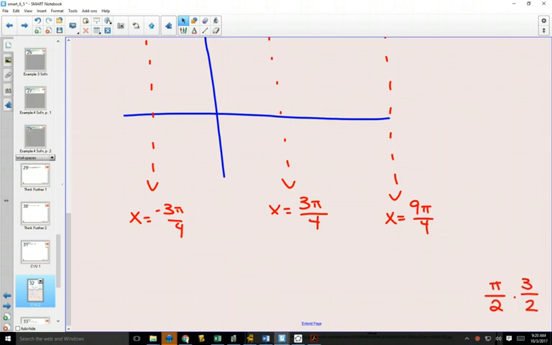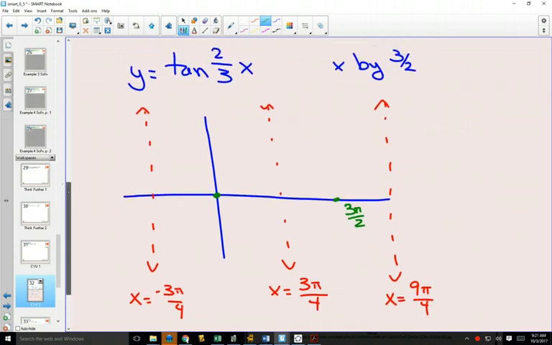Once you have your asymptotes, the next key points on your tan graph were 0. If you multiply 0 by 3 over 2, you still get 0. This next point was at pi, but if you multiply pi by 3 over 2, you would now have 3 pi over 2.